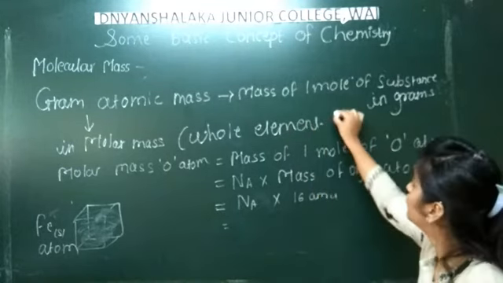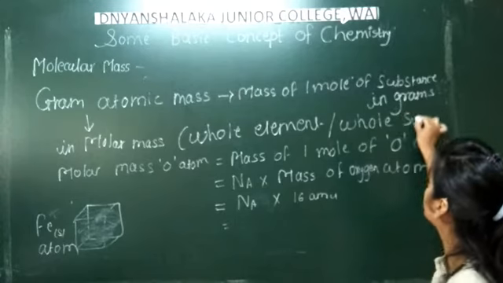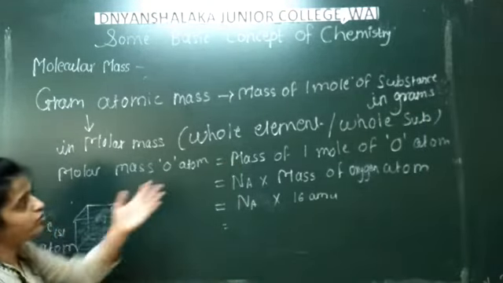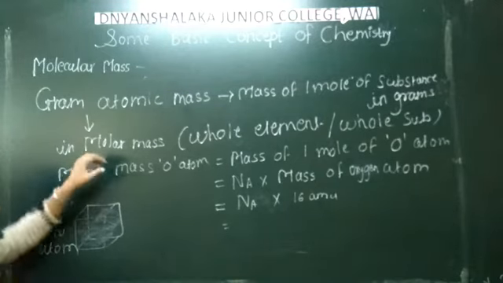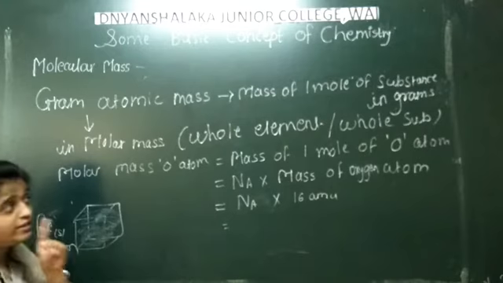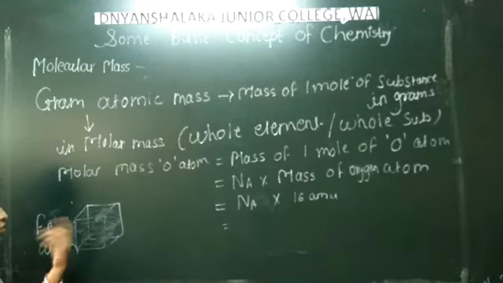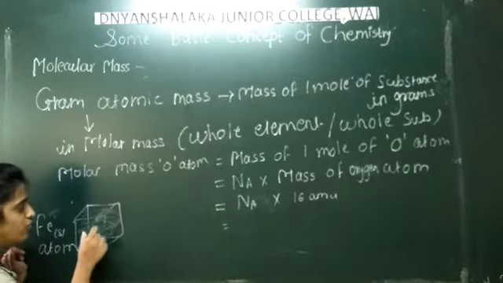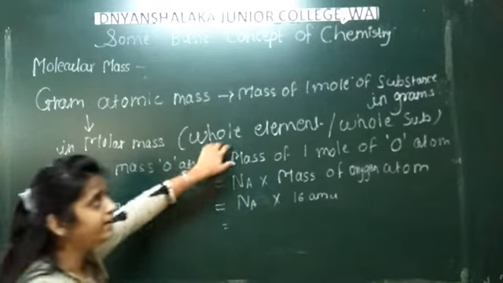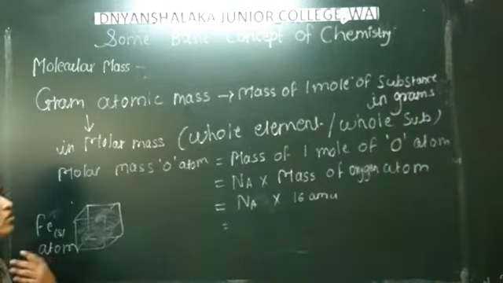Do not confuse these two concepts. Last lecture was the mass of only one atom, but in this box that is not possible. Molar mass means the whole element or whole substance present in this container or box.